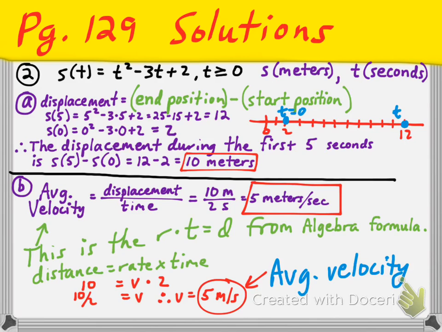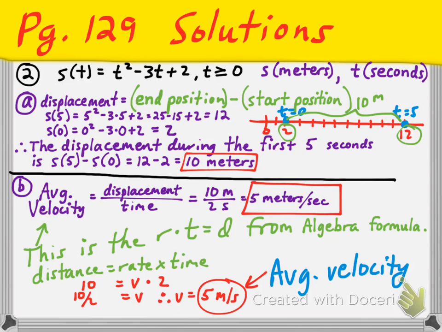Well, how far is it from 2 to 12? It's 12 minus 2, and that's 10 meters. So that's why the displacement in part A, the displacement in the first 5 seconds, is 10 meters. Okay, so that's a picture of it.